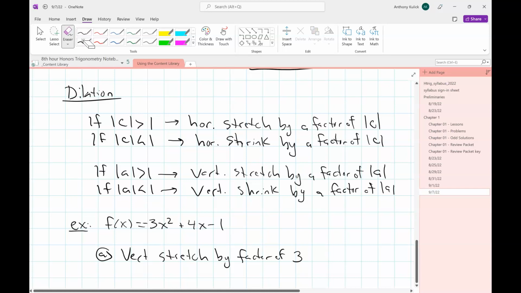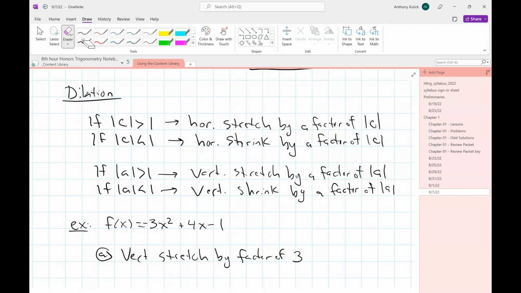So the C coefficient is going to dilate horizontally. If the absolute value of C is greater than 1, so values like 1.1, 2, 3, 4, 5, or negative 1.1, negative 2, negative 3, negative 4, those will be horizontal dilations. So we're stretching horizontally.